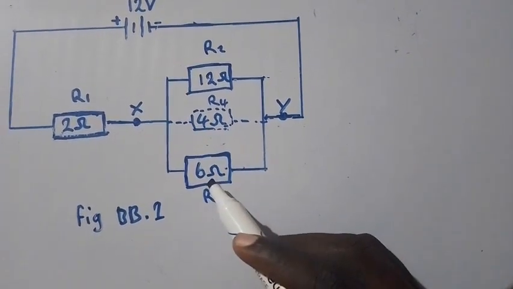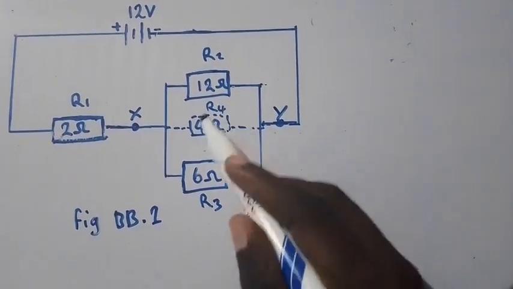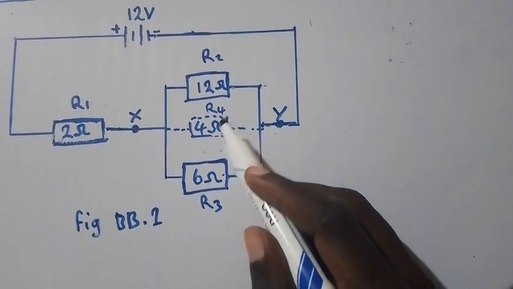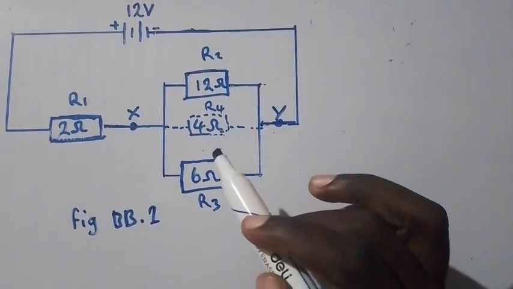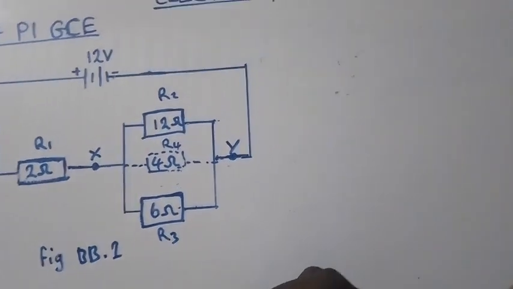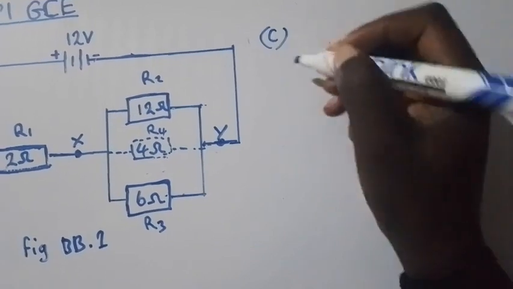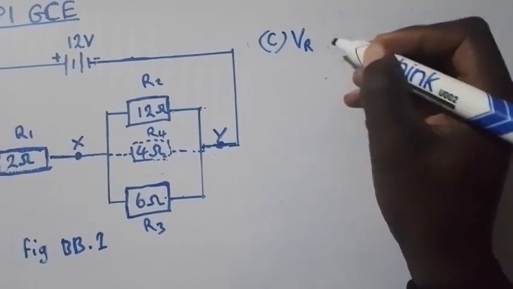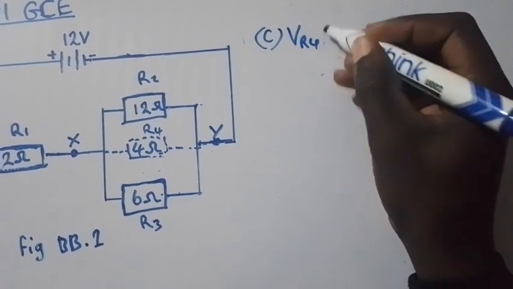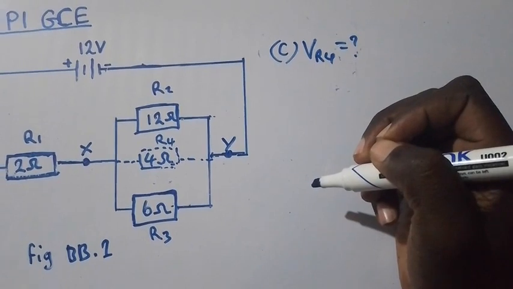So now to calculate this current, we need to know the voltage drop of the 4 ohm resistor, VR4.